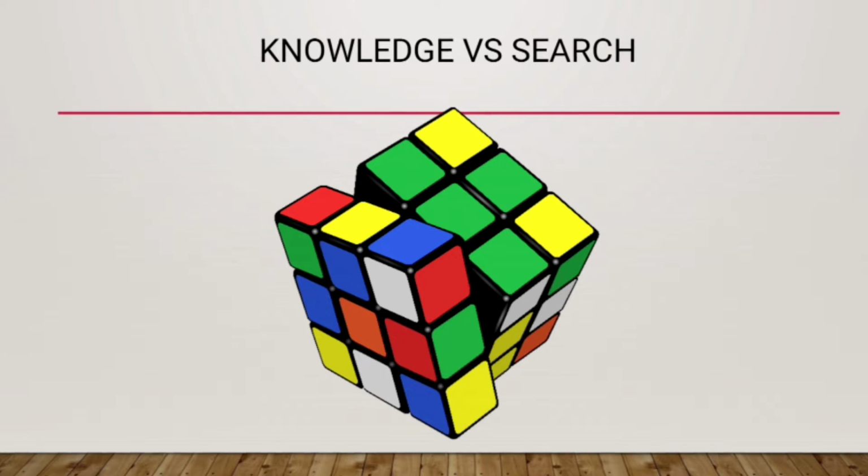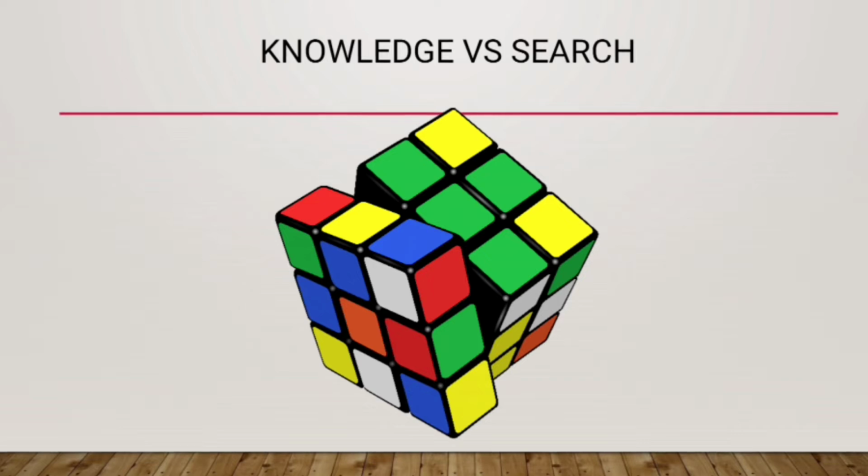But definitely you will find a solution, though not as quickly as a person who has the knowledge to solve it. There will be a delay in timing. This type of methodology to solve the problem is called search, so it differs from knowledge.